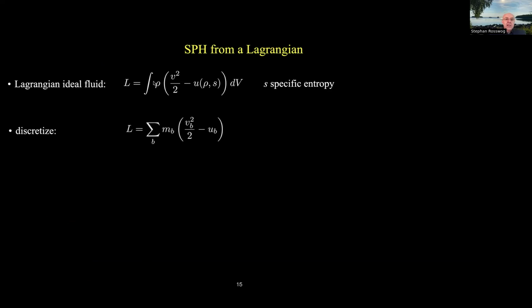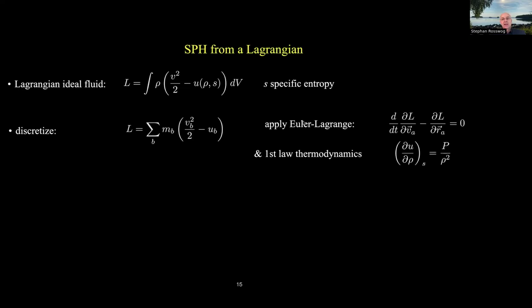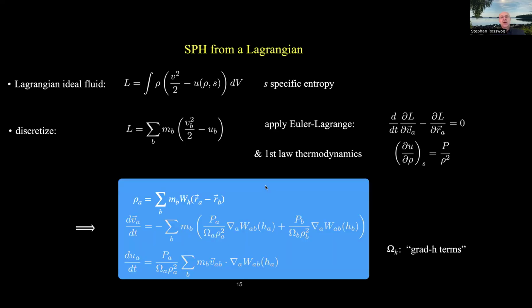But what you do here then is just as before, you replace the integral by the summation. Then you have these quantities here. And then what you apply is your Euler-Lagrange equations, which then gives you the momentum equation. Again, you use the first law of thermodynamics. And then you find a slightly different form of the equations.